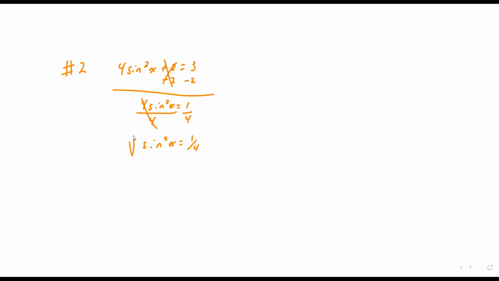To get rid of a square, I'm just going to take a square root of it. All right, so therefore I get sine, oops, that's not a sine. I get sine x equals 1/2.